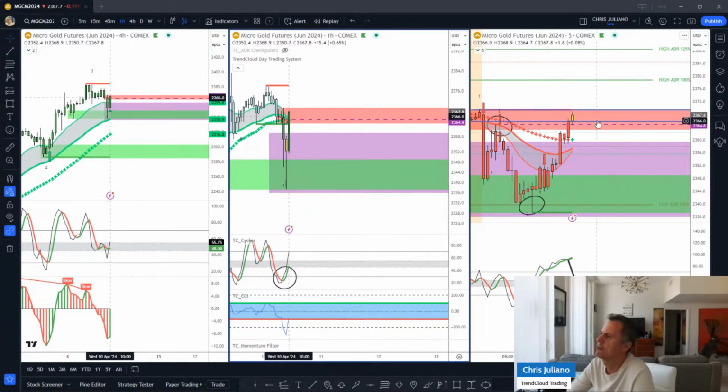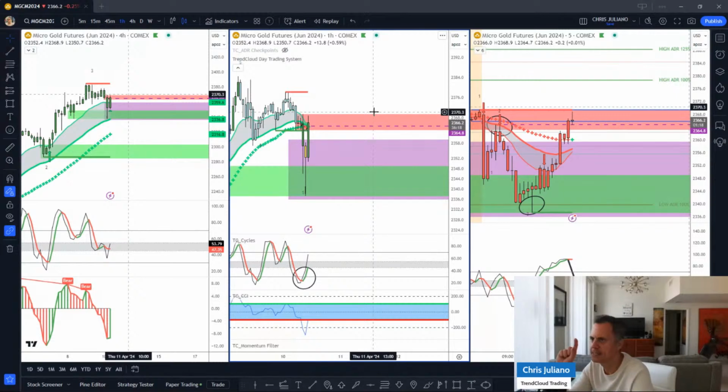Now we have a good understanding. Yellow transition candle. So TrendCloud is telling us every step of the way what's going on. Yellow transition candle. It's going to start turning green, pulls back, and then we get this pattern right here.